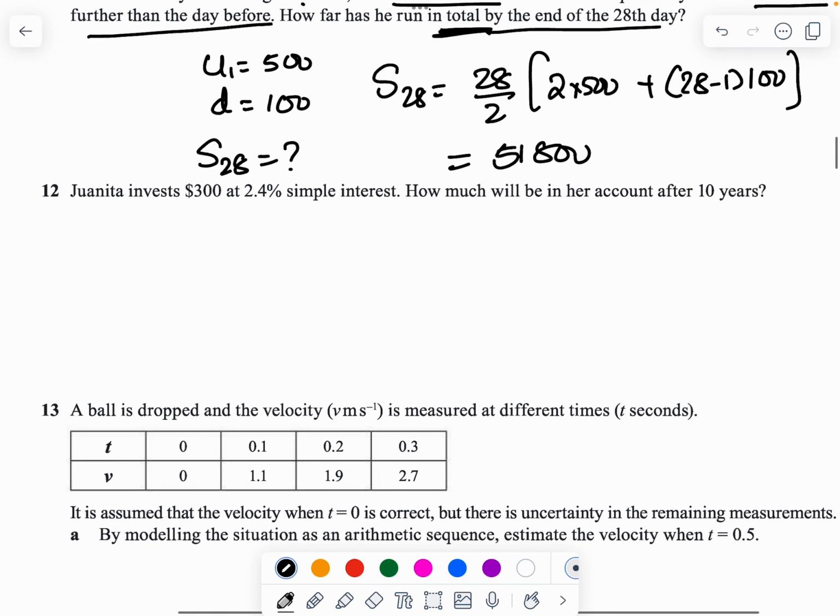Question number 12. Junaita invests $300 at 2.4% simple interest. How much will be in her account after 10 years?